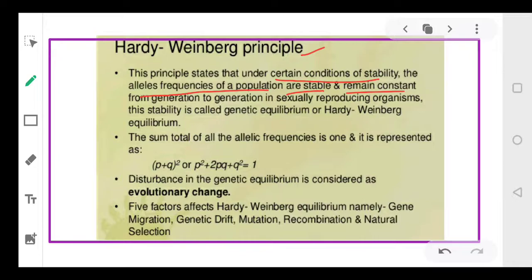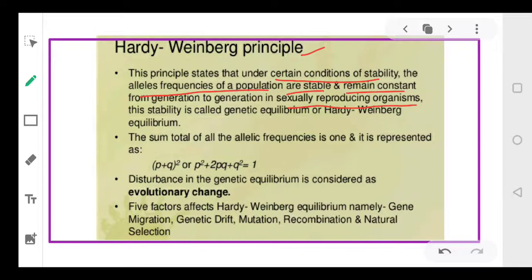He's not talking about a single generation, he's talking about generation after generation in sexually reproducing organisms. It says that the allelic frequency generation after generation will remain constant if the certain conditions are the same.